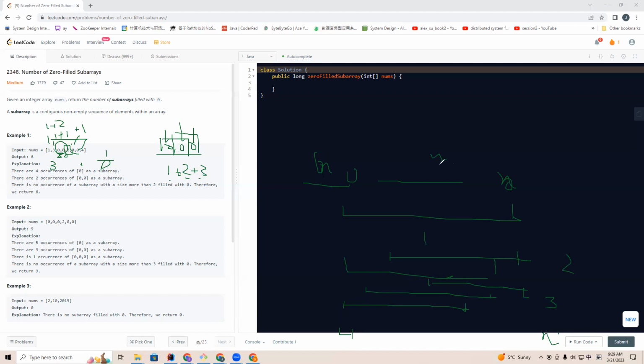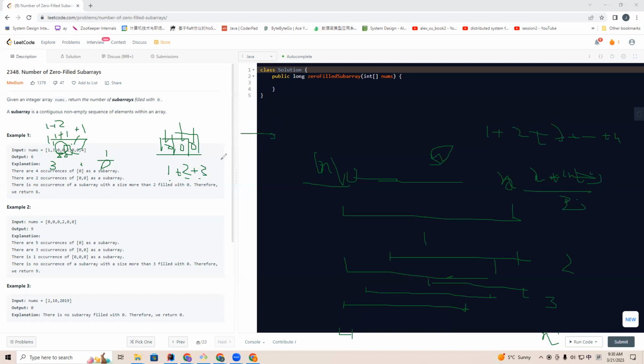So if there are n consecutive zeros in this array, this range will contribute 1 plus 2 plus 3 plus ... plus n, which will be n multiplied by n plus 1 divided by 2. Okay, so we just look at how to solve this question.